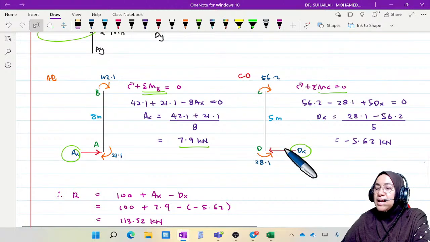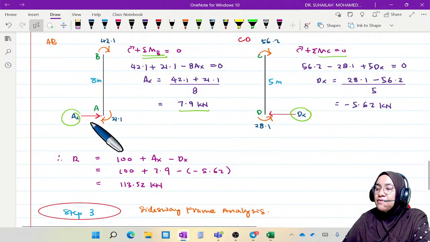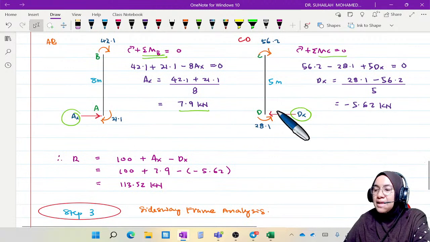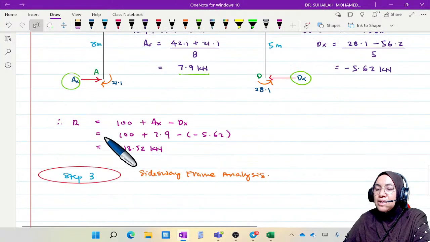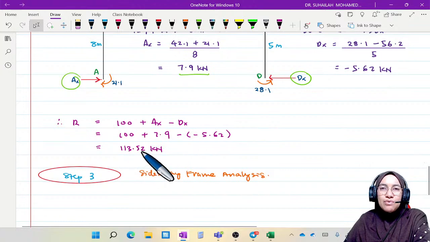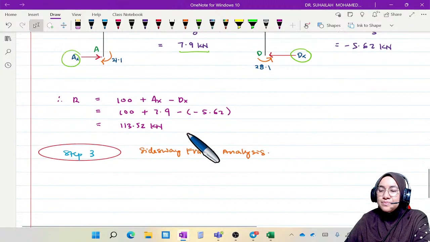After getting Ax and Dx, we substitute into our equation: 100 plus Ax minus Dx, which is equal to 113.52 kilonewton. So we have settled step number 1 and step number 2.